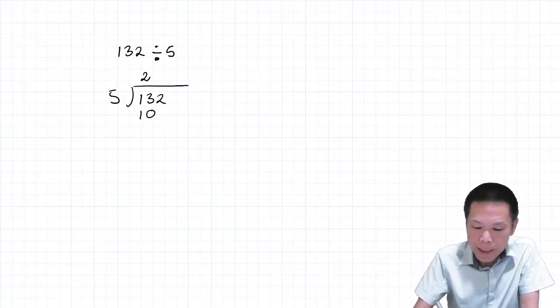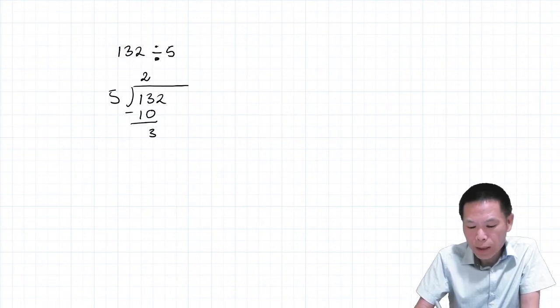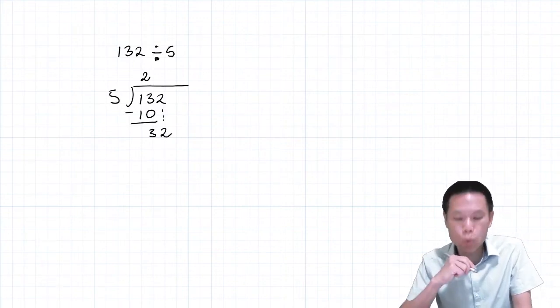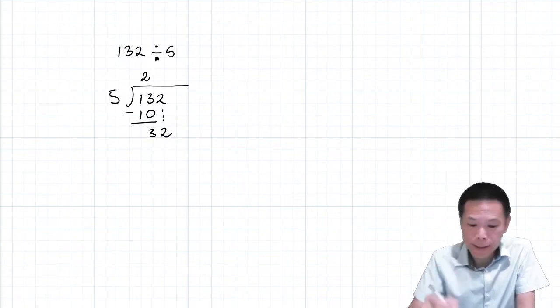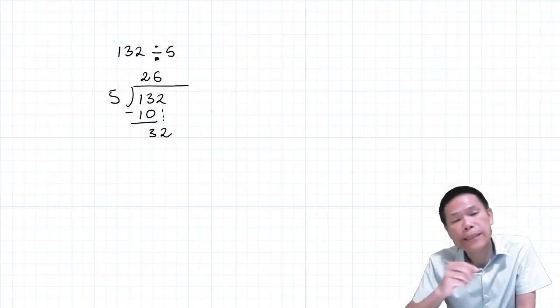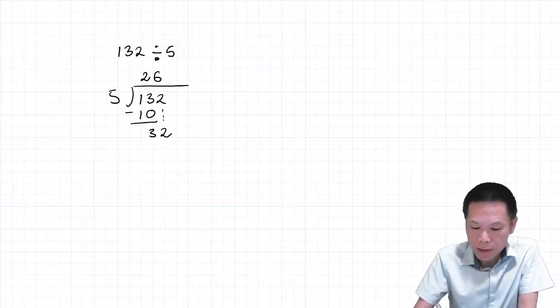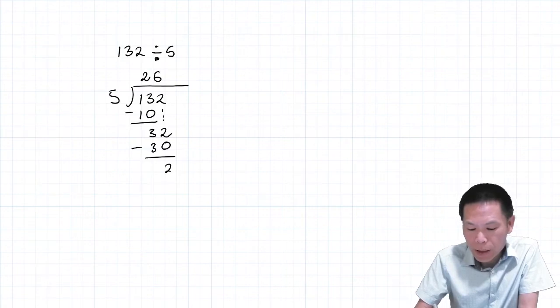So we write 10 down and then we minus it, that gives me 3. Then I bring the 2 down, that becomes 32. Now 32 divided by 5 is 6, and 6 times 5 is 30. So we write it down and we minus it, so that gives me 2.